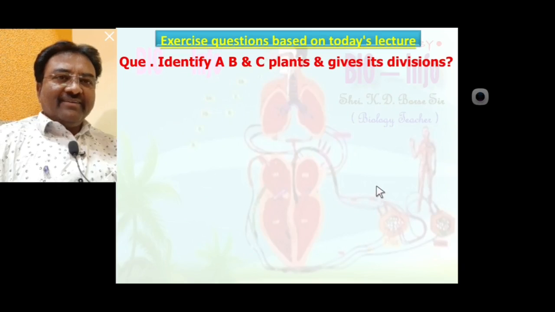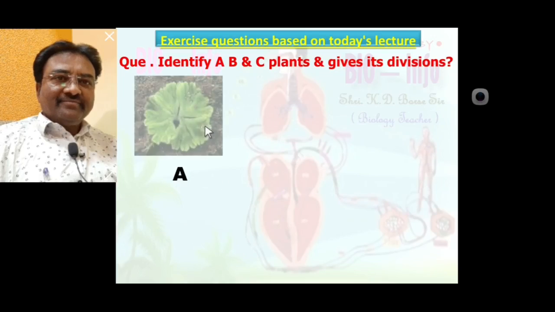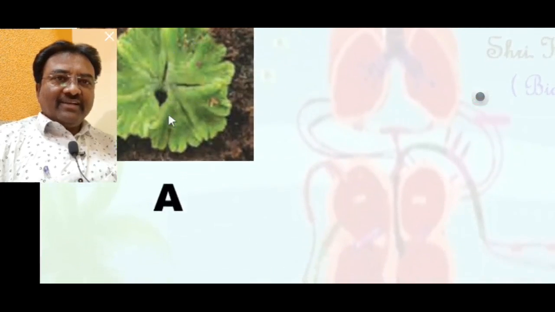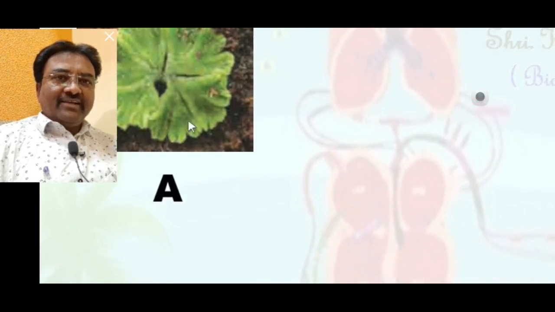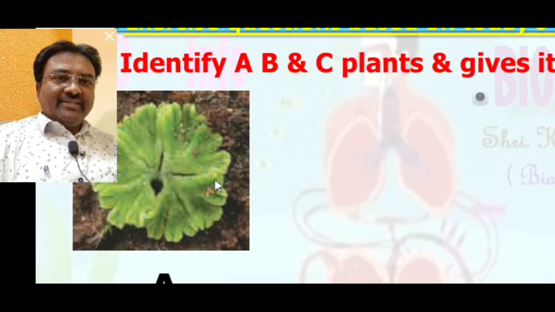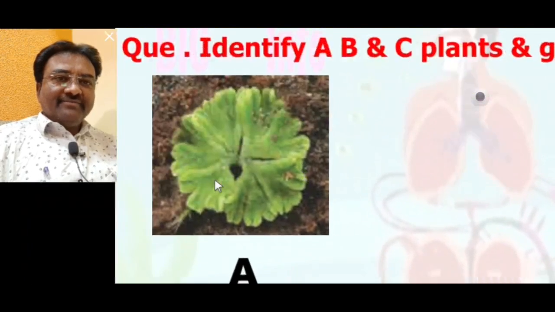Identify A, B, C plants and give their division. Here A: this plant is a Riccia plant. Its division is Bryophyta.